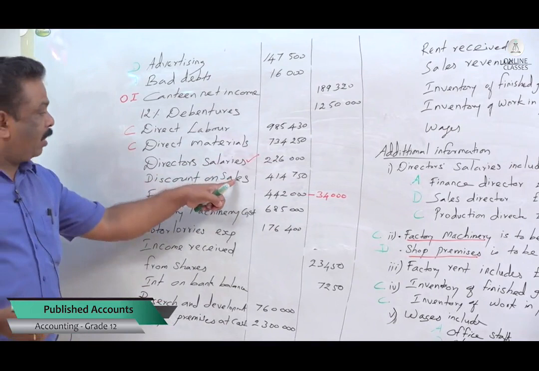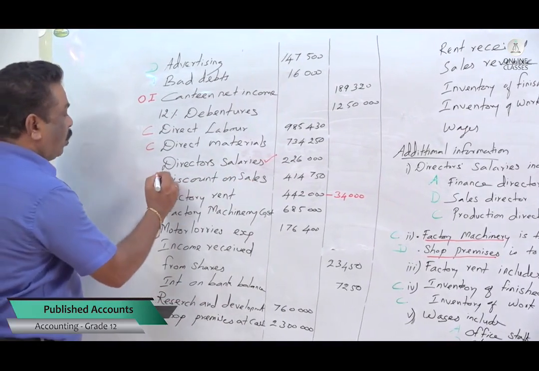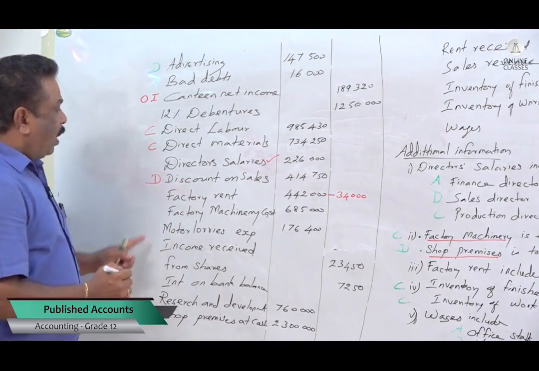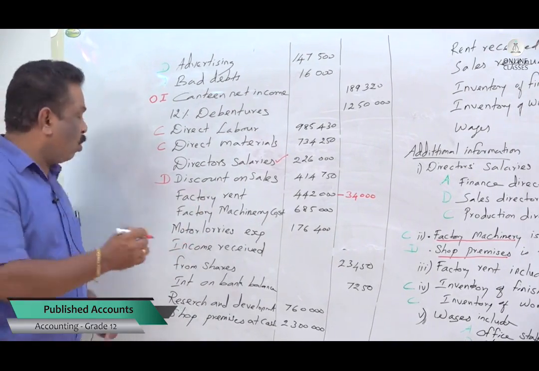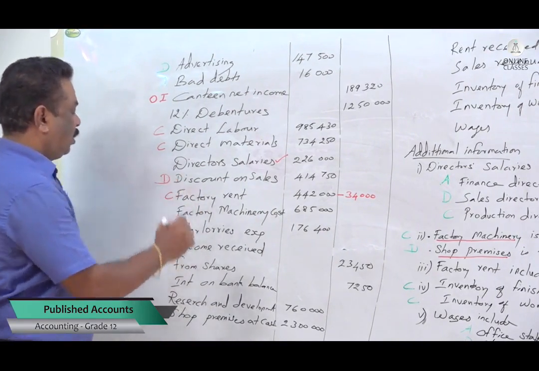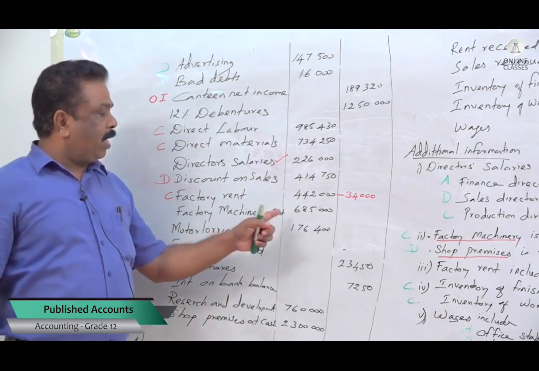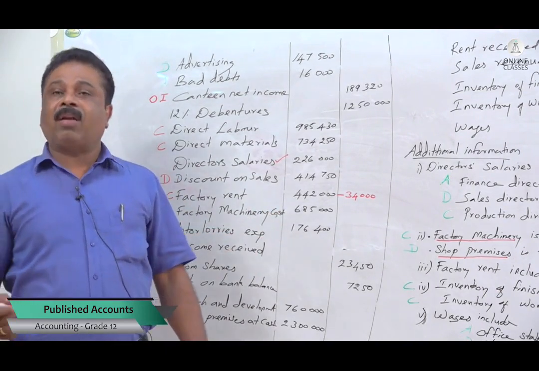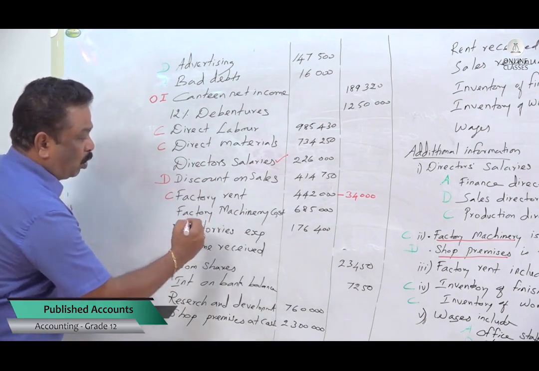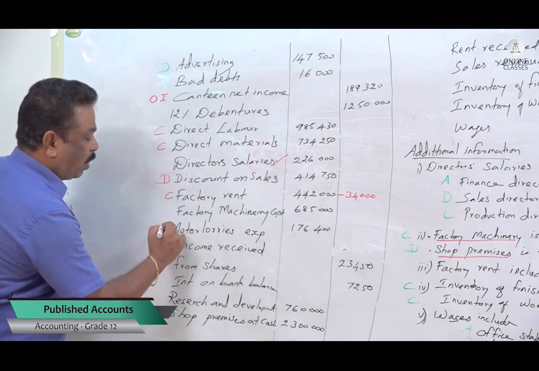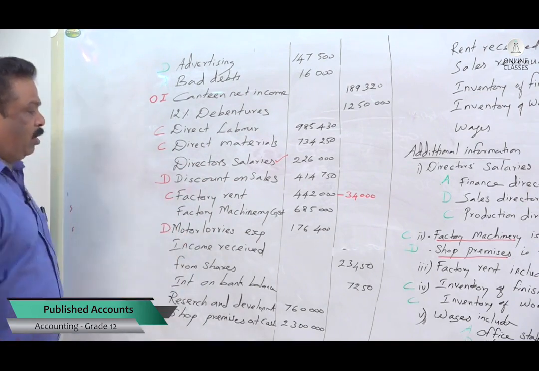Discount on sales, again on sales, so distribution. Factory rent, the word says factory, so that is a manufacturing cost, so cost of sales. Factory machinery at cost, machinery, it is a non-current asset, just leave that part. Motor lorry expense, motor lorry is used for distributing the goods, so distribution.